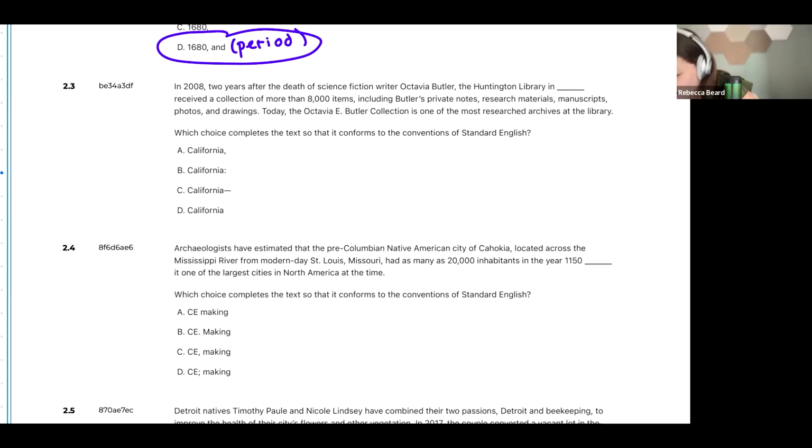Okay, so let's go ahead. I always say test the strongest punctuation first. So let's go ahead and test that colon. So right here, in 2008, 2 years after the death of the writer Octavia Butler, the Huntington Library in California. So since that is kind of a random pause, I cannot put a colon there because it is not an independent clause to the left of this.